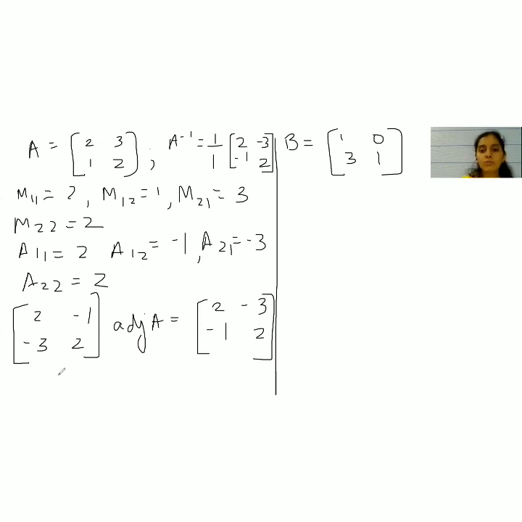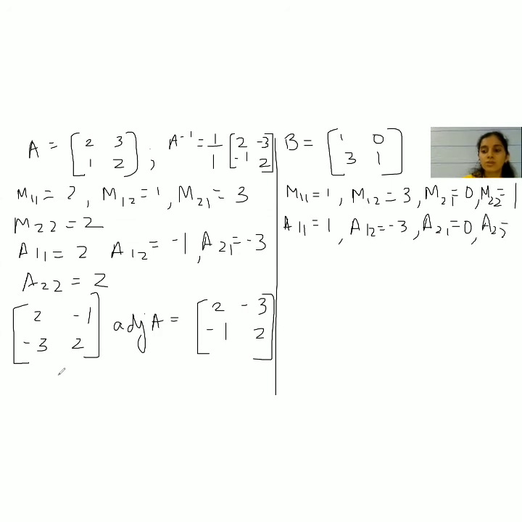Now let us find B inverse. Again, same method. M11, minor of the first element, is 1, M12 is equal to 3, M21 is equal to 0 and M22 is equal to 1. Now A11 is equal to 1, A12, change the sign, minus 3, A21 is 0 because no sign change, A22 is equal to 1.